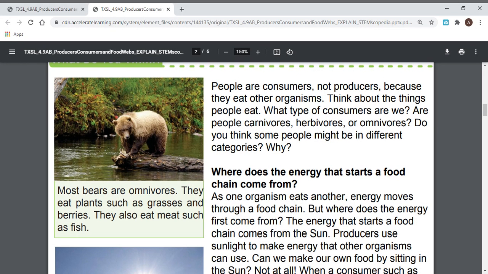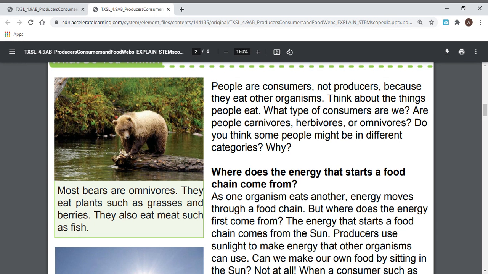There are different people. They may be vegetarians, so they only eat certain things. There could be vegans. There could be all sorts of things when it comes to what classification of a consumer they are. There could be carnivores like we have here.